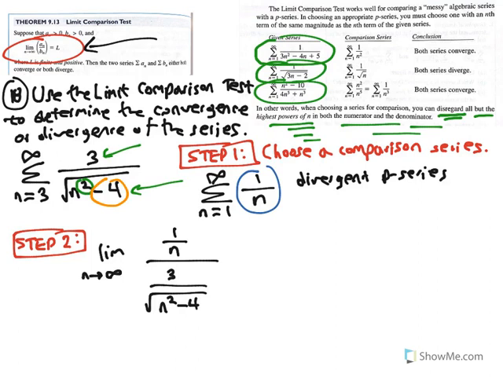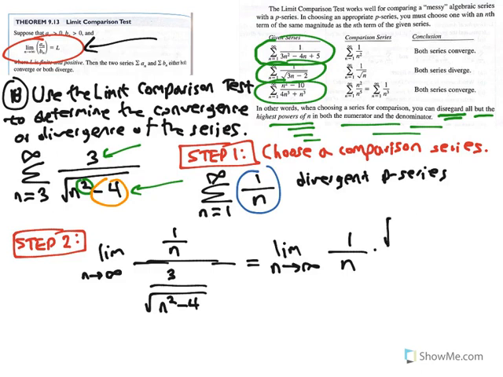So sometimes you can try it one way, and if it's getting too hard for you to evaluate the limit, or you're not sure how to evaluate the limit, you can try it the other way. So if you have it set up this way, then you will have the limit as n approaches infinity of 1 over n divided by 3 over the square root of n squared minus 4.